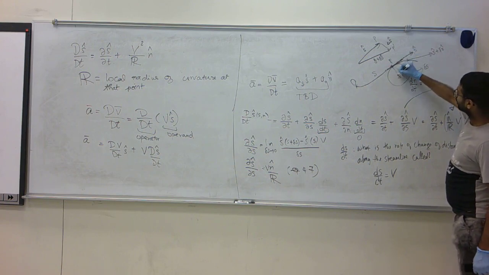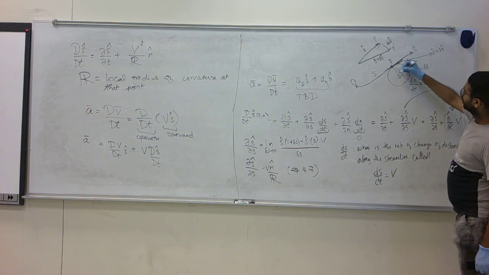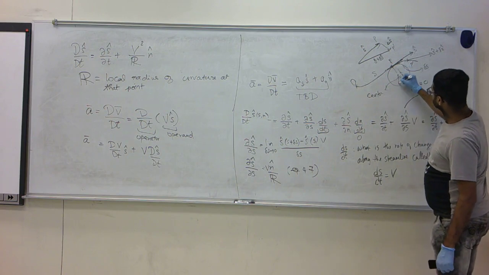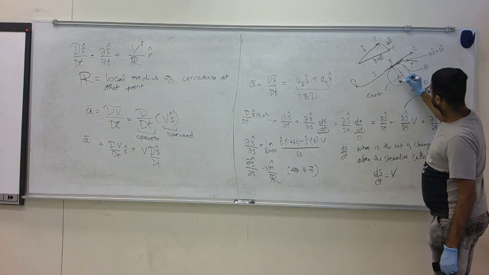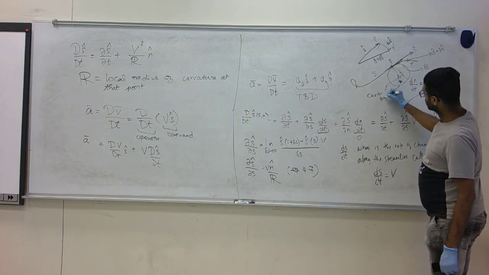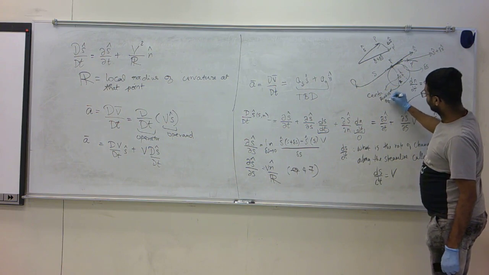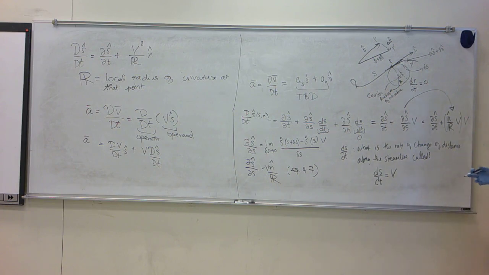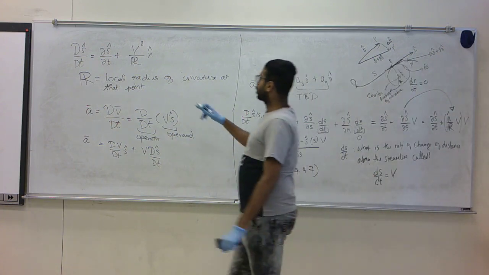The center of that circle would be the center of curvature, and the radius of that circle would be the radius of curvature. It is the local radius of curvature at the point at which you are trying to calculate the acceleration.